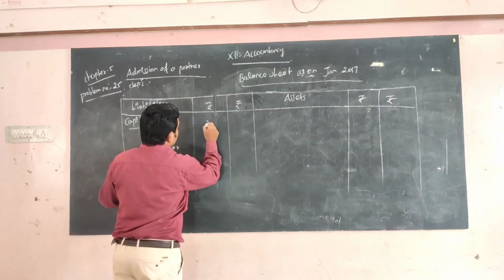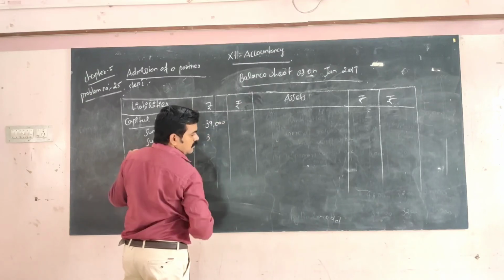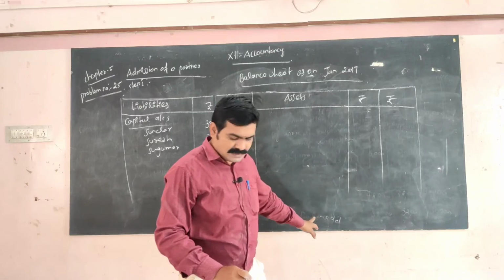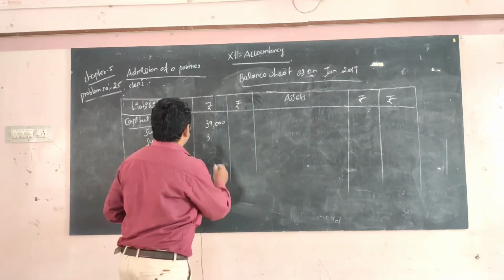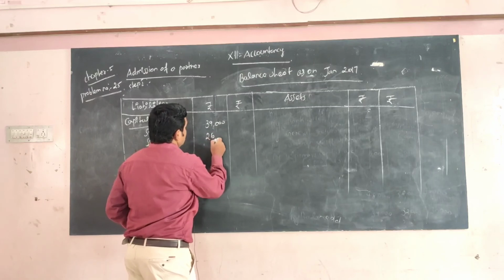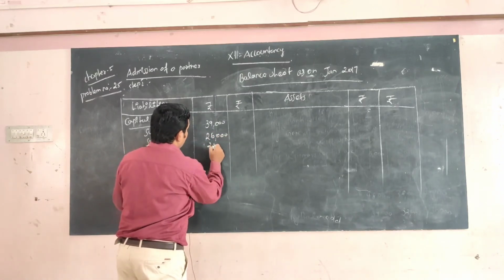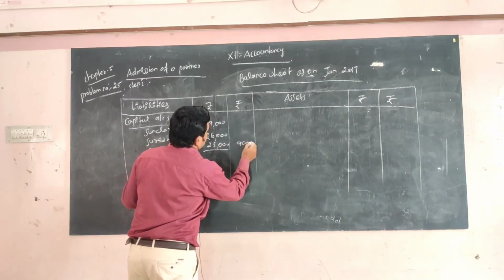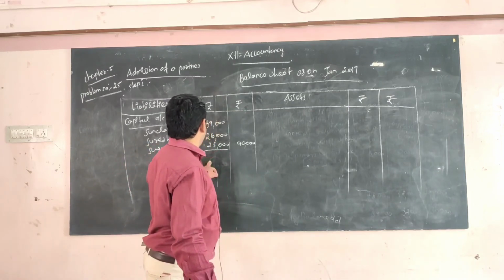Sundar 39,000, the opening balance, Suresh 26,000, Sukumar 25,000. So totally 90,000. So this is the capital account.